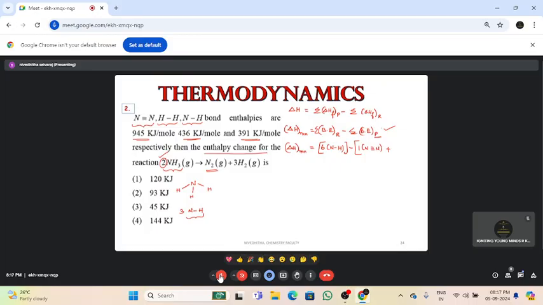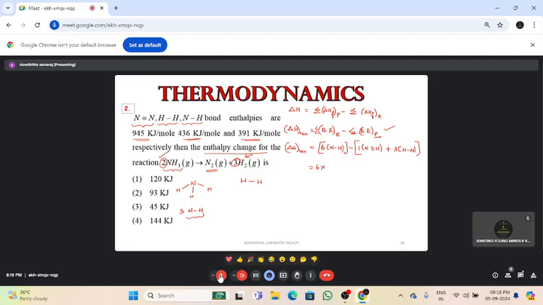As far as hydrogen is concerned, we have one hydrogen single bond in one hydrogen molecule, but here we have 3 moles, so 3 into hydrogen single bond. That's it, so all the data are provided here.